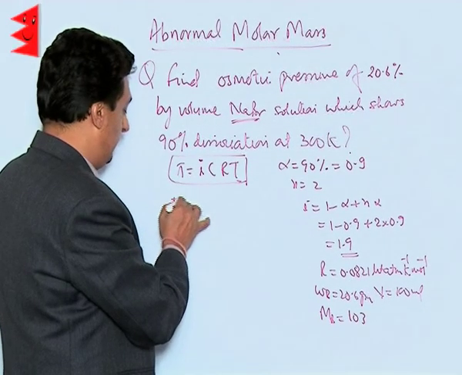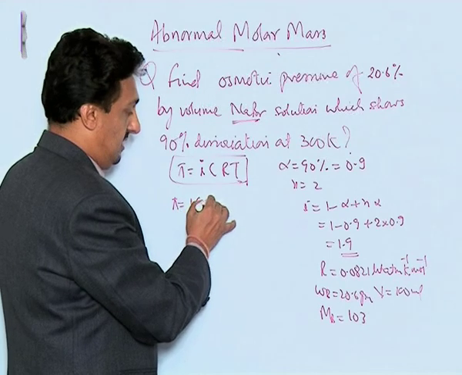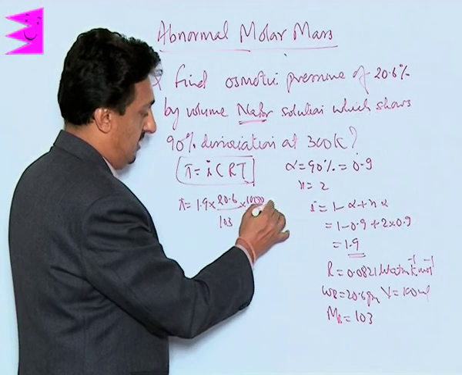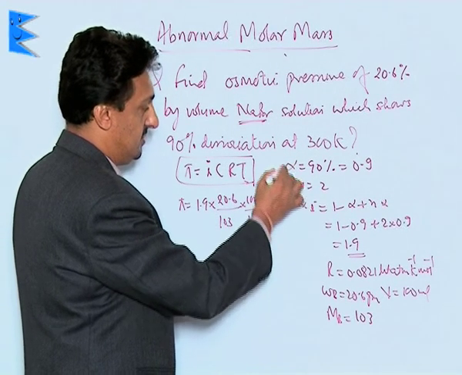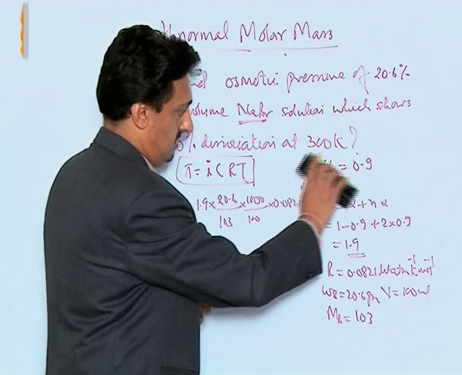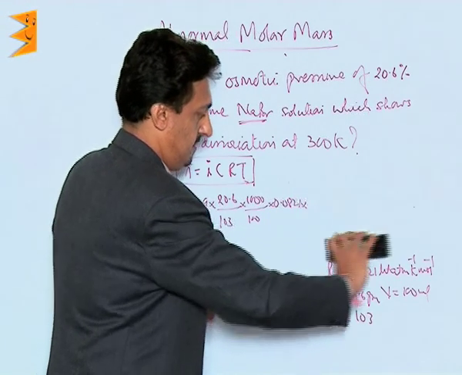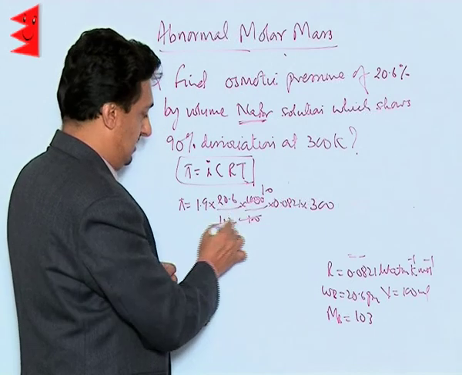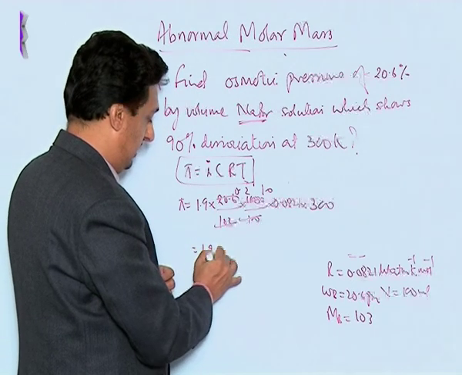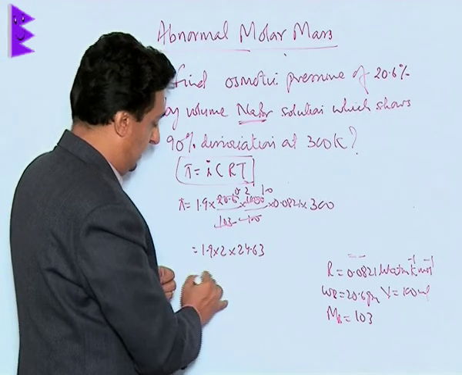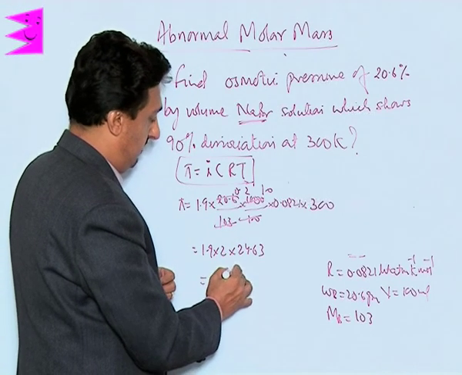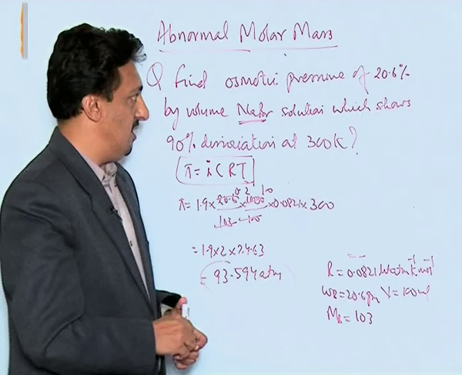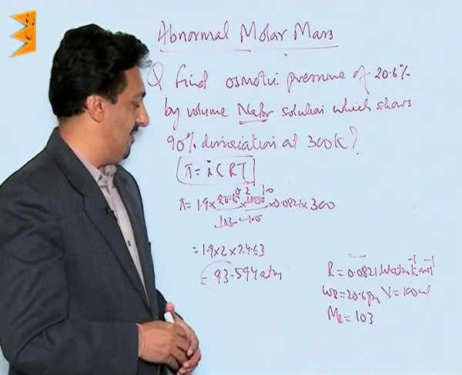So what we can make out is pi will be equal to 1.9 into 20.6 upon 103 into 1000 upon 100 into 0.0821 into 300. So this comes out to be 10, this comes out to be 0.2, so it will be 1.9 into 2 into 24.63. On multiplication we get 93.594 atm. So this is the osmotic pressure of 20.6% by volume NaBr solution at 300 Kelvin.